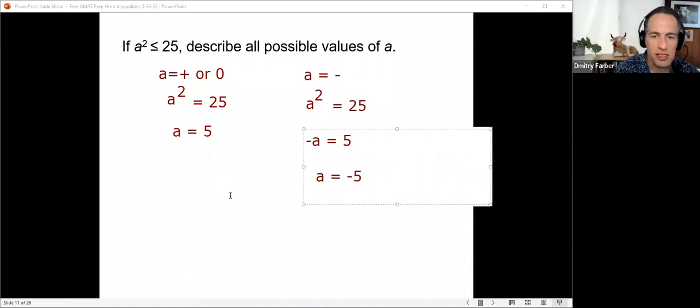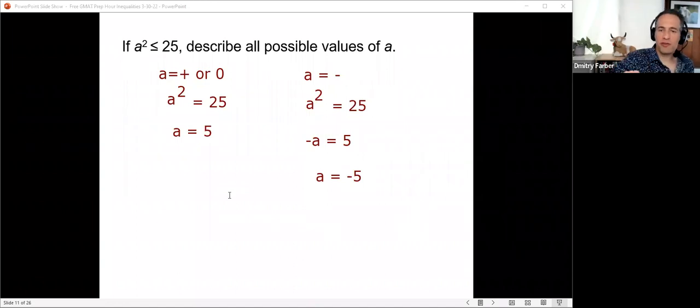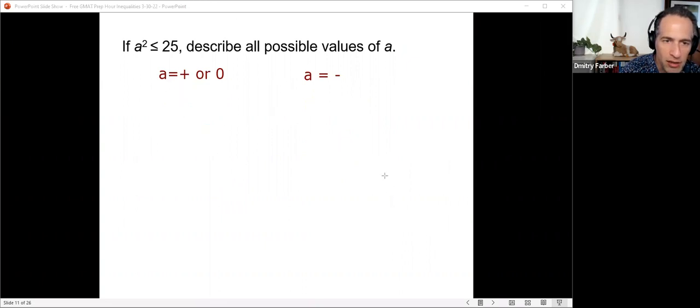But most of us at some point sort of memorize that you can just flip that negative sign to the other side. Now, when you do that within an inequality, you have an extra step. If we say, okay, A squared is greater than 25, when I unsquare it, I'm saying A is greater than 5.